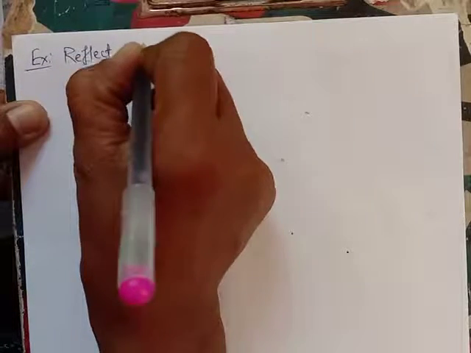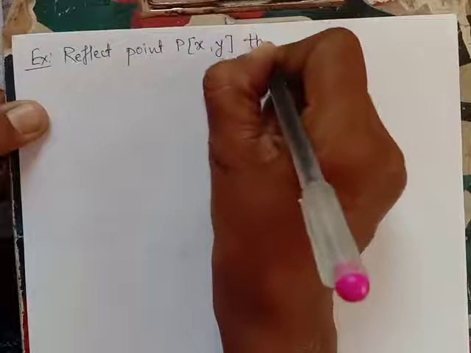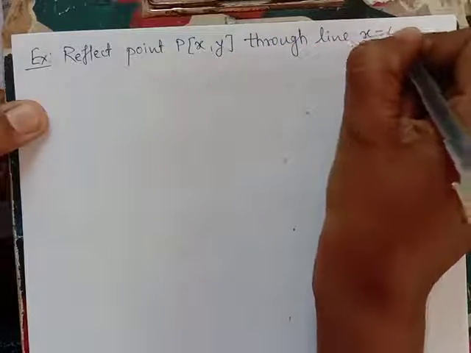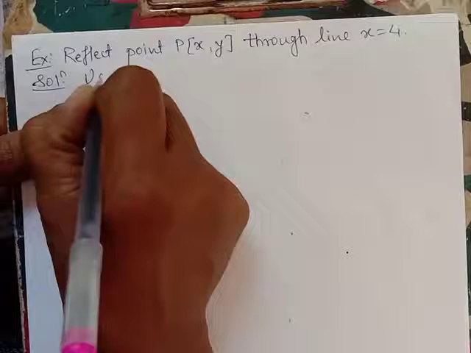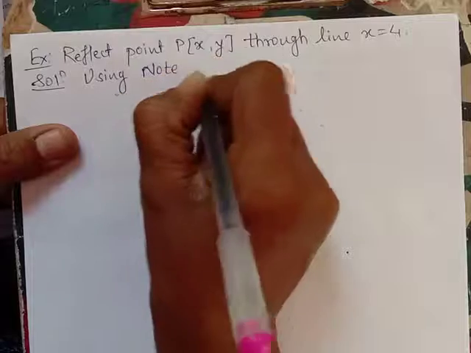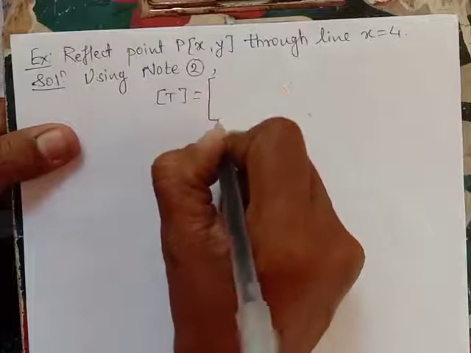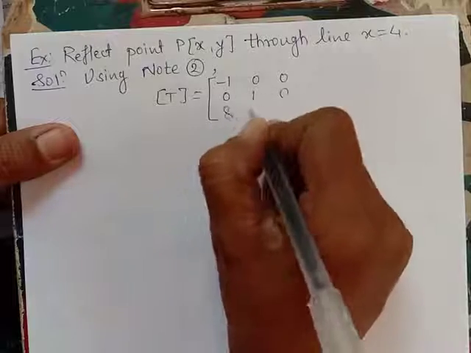Example: reflect point P(x, y) through line x equal to 4. Solution: using note 2, here the transformation matrix is minus 1 0 0, 0 1 0, 8 0 1.